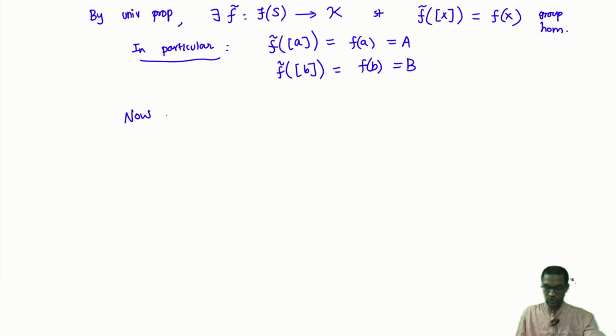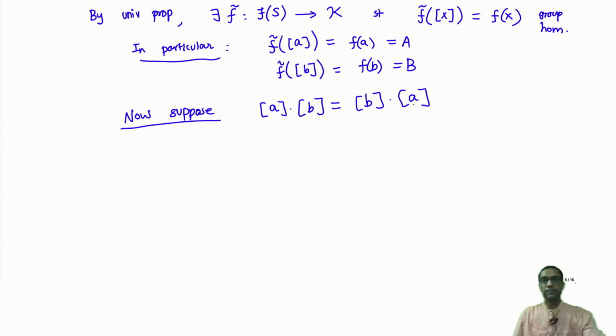Now, suppose it were true that AB is the same as BA. We'll see how our map f tilde is going to help us. Let's apply f tilde to both sides.